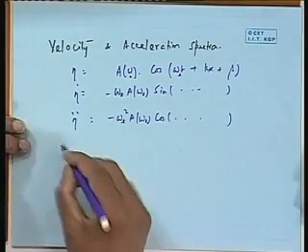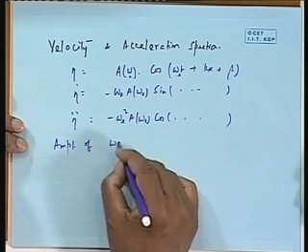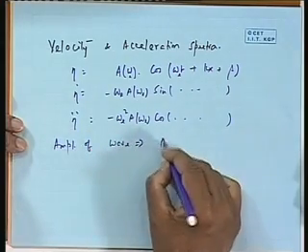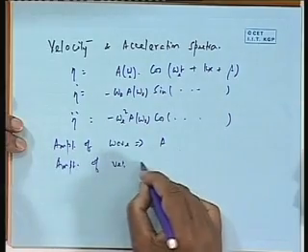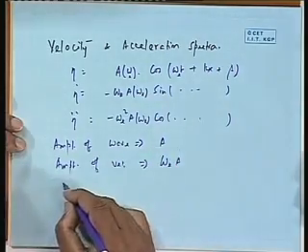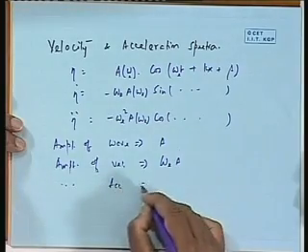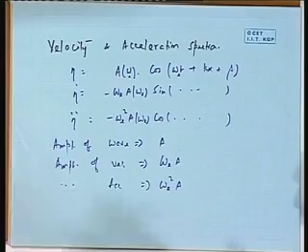Now the point is that the amplitude of wave is a, amplitude of velocity is omega_e into a, amplitude of acceleration is omega_e square into a. Everybody knows that, you just have to multiply with that.